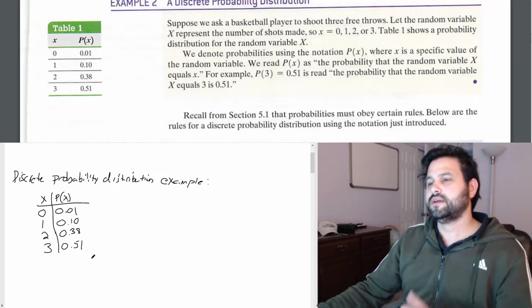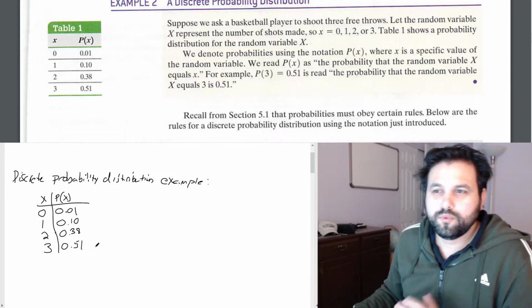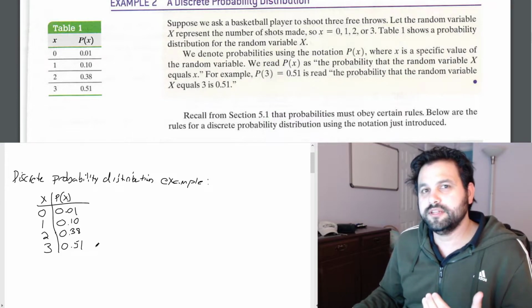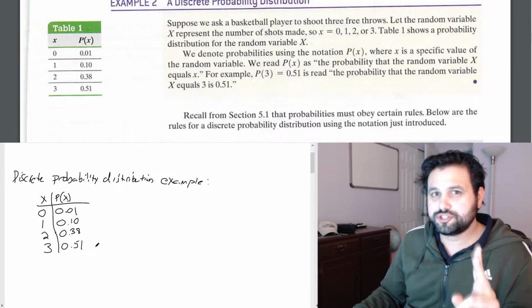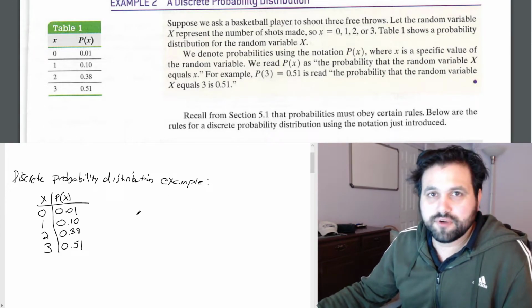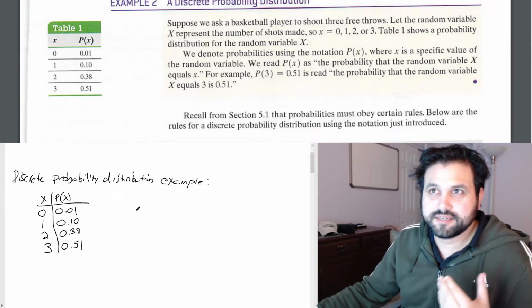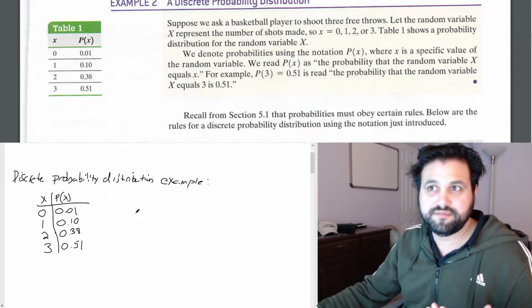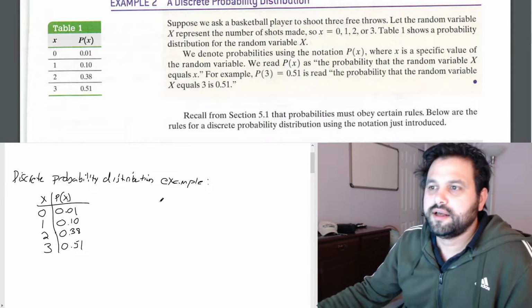Okay, so do you guys remember what we were doing with these probability distributions? First of all, there's two things that have to be true for a distribution to be a valid probability distribution.